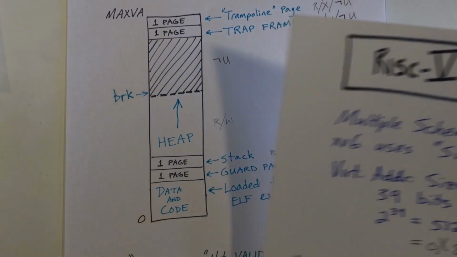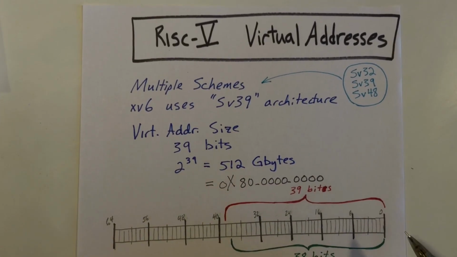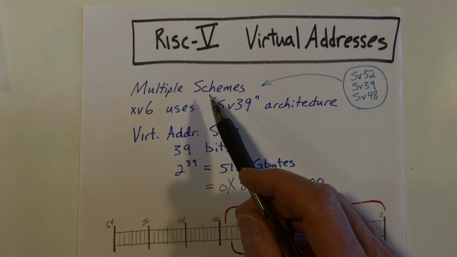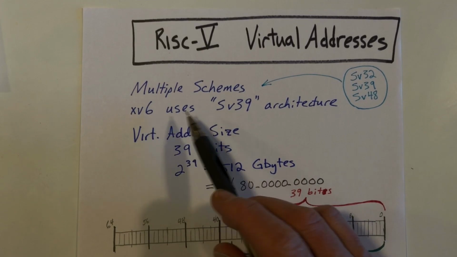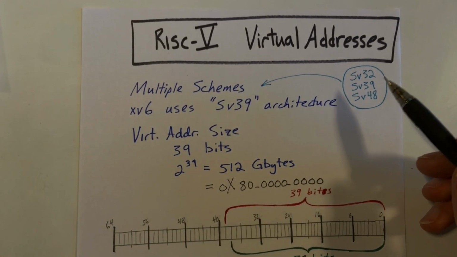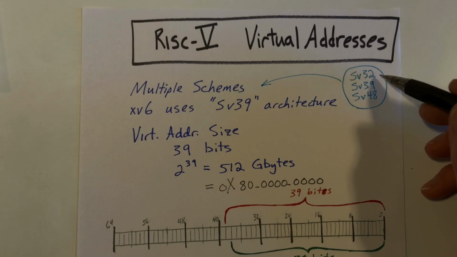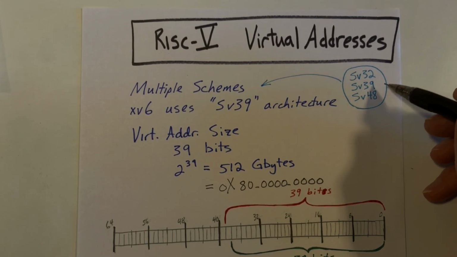Now, I mentioned that we could only have 256 gigabytes of virtual address space. I want to mention that the RISC-V architecture is a pretty complex architecture, and there are several different options. For page tables, there are three options called SV32, SV39, SV48.